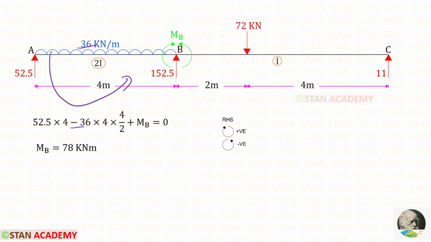With the UDL, we have to multiply the distance and then the distance by 2. About the span AP, MP is acting in the clockwise direction, so that it will be positive. For MP, we will get a positive value. That means our assumption is correct. MP is a hogging moment.